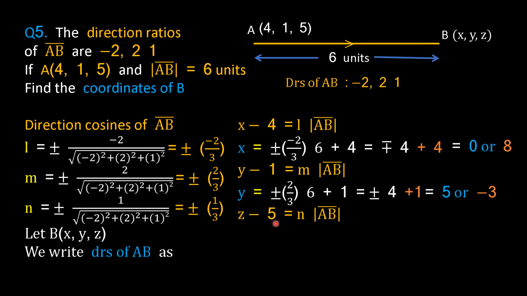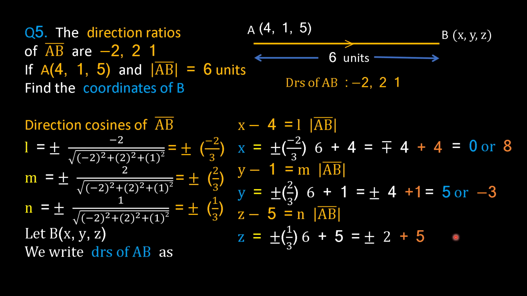z minus 5 will be n times mod AB bar. That will be z equals plus minus 1/3 times 6 plus 5. 3 2s are 6, so it will be plus minus 2 plus 5.